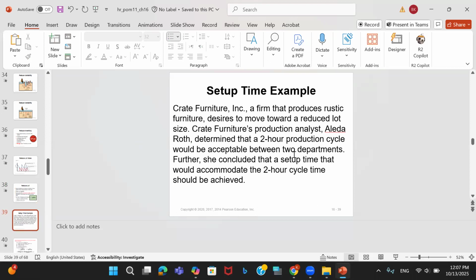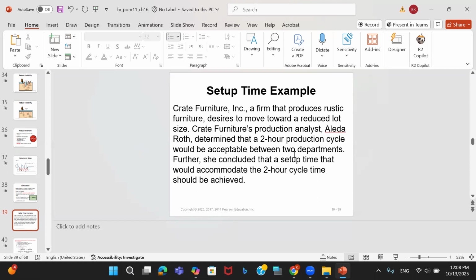So she determined that a 2-hour production cycle would be acceptable between two departments. Further, she concluded that the setup time would be accommodated, the 2-hour cycle time should be achieved.